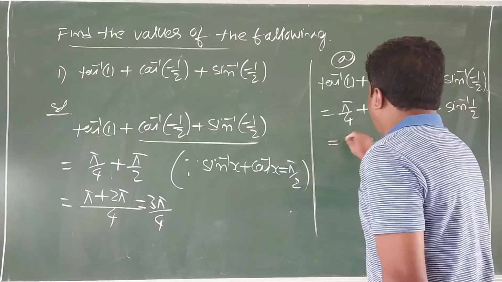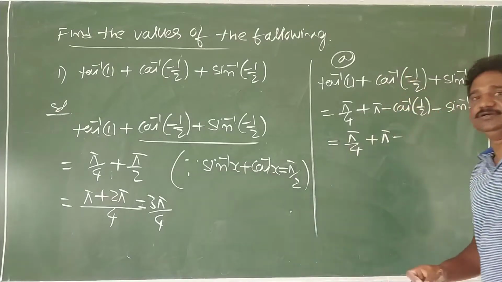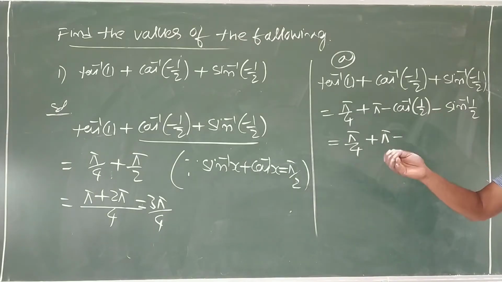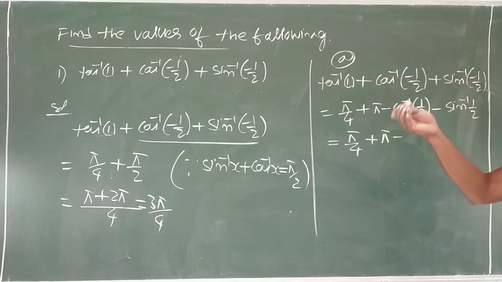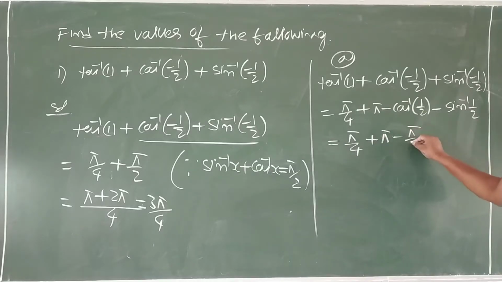Now pi by 4 plus pi minus, look at this, friends, 1 by 2. 1 by 2 is appearing in cos. In sin, 1 by 2 takes the angle 30 degrees. If it takes 30 degrees in sin, in cos it must take 60 degrees, pi by 3.